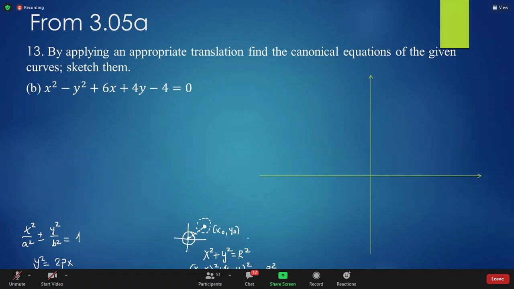This simply means that instead of x, we will have x minus x0, and instead of y, we will have y minus y0, and that's it. The general form of the equation will remain the same. So if I want to move an ellipse or a hyperbola, it will become x minus x0 squared over a squared plus, if it's an ellipse, minus, if it's a hyperbola, y minus y0 squared over b squared equals 1.